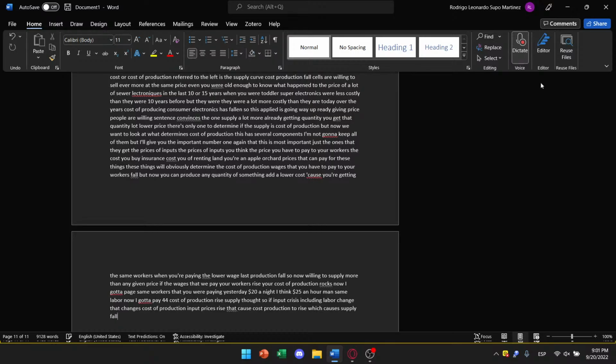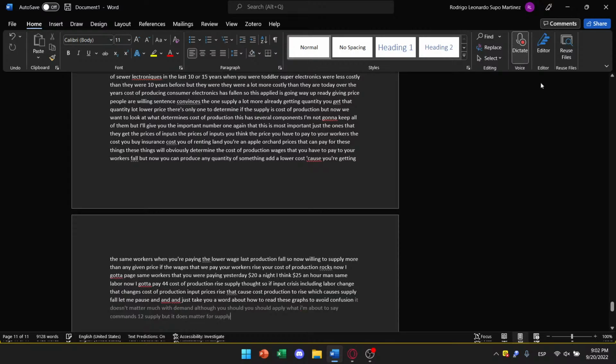Let me pause and just tell you a word about how to read these graphs to avoid confusion. It doesn't matter much with demand, although you should apply what I'm about to say to demand as well as supply. But it does matter for supply. Always read supply and demand curves in the left-right dimension.